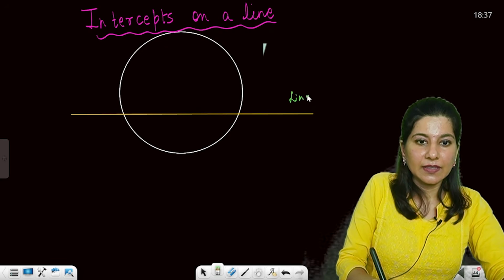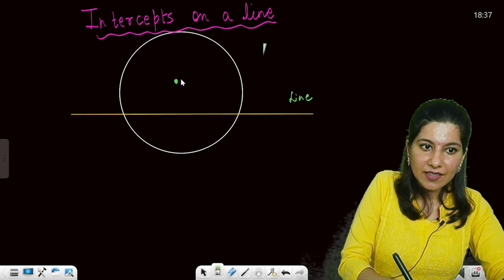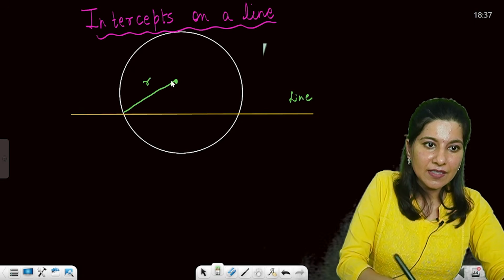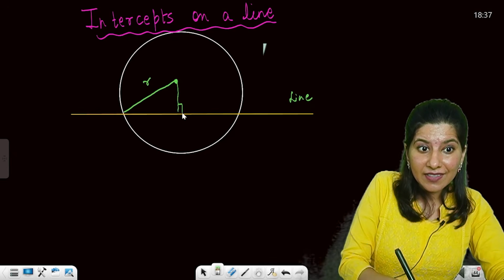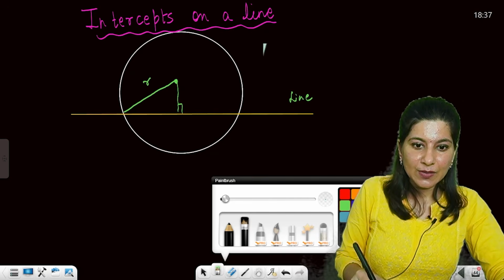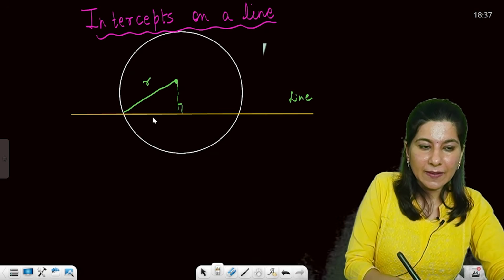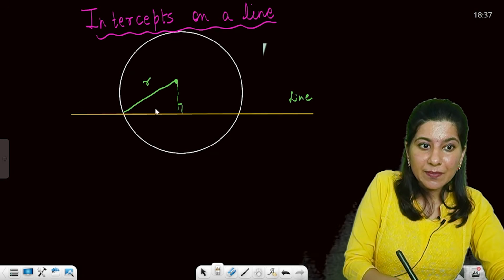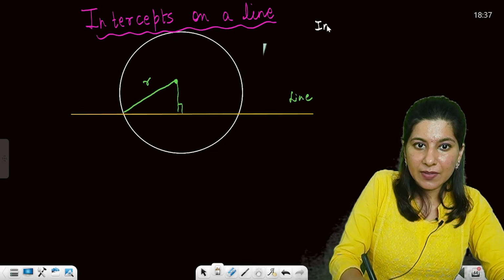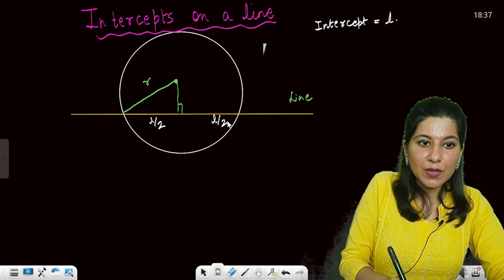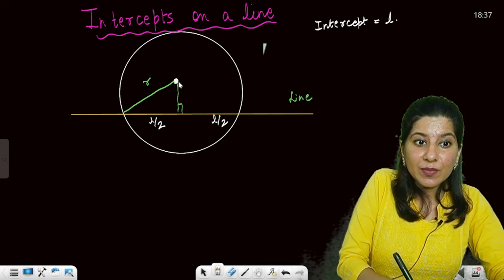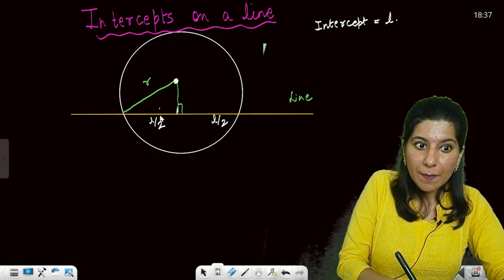line. This is your center, this is your radius, this is your perpendicular on the chord, right? Okay, so radius is done. Now the intercept is L. Suppose intercept is L. So this will be L by 2, because a perpendicular from the center to the chord bisects the chord.